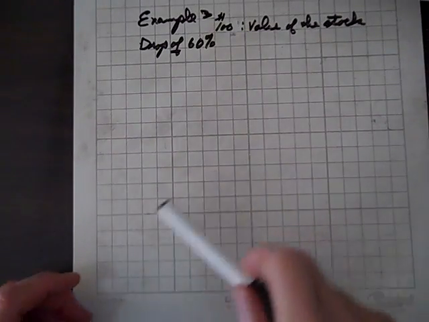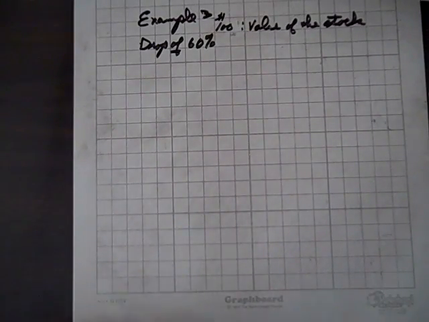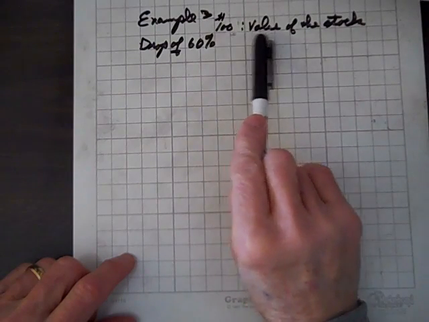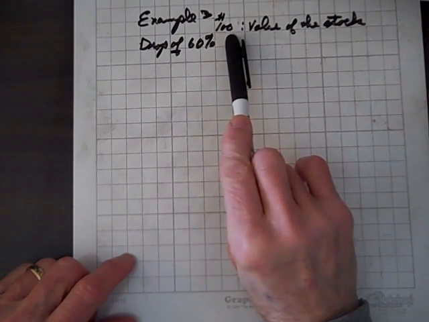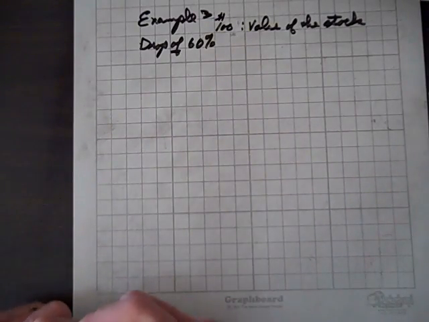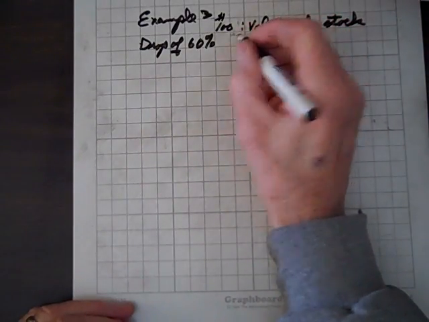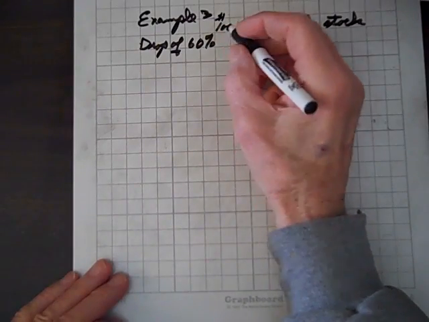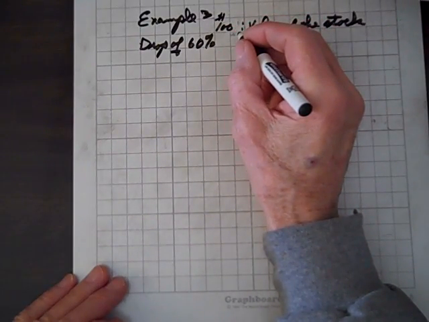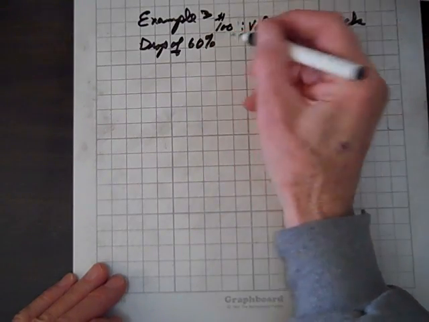Now we're going to do example 3. So we've got a stock, and the value of that stock is $100. And the value drops by 60%. There's a drop of 60%. That means that it's worth 40% of what it was.